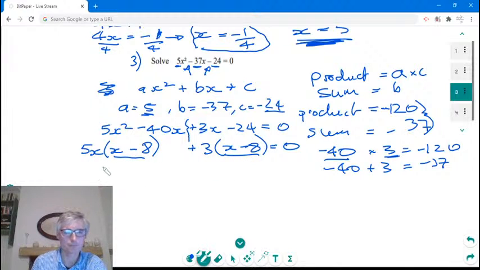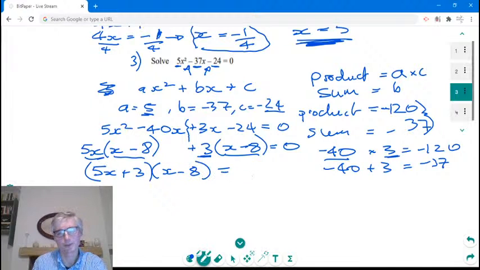So then we just take the first part in front of each bracket and form a new bracket with them. So I've got 5x plus 3, and then we just use our x minus 8, which is the repeated bracket. So that's now fully factorised, and I'm just going to create two equations from that.